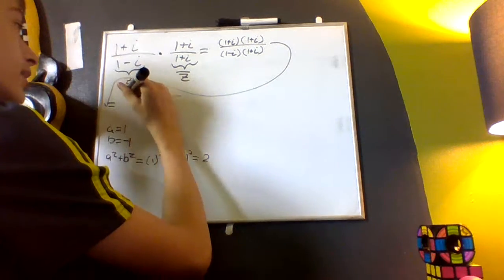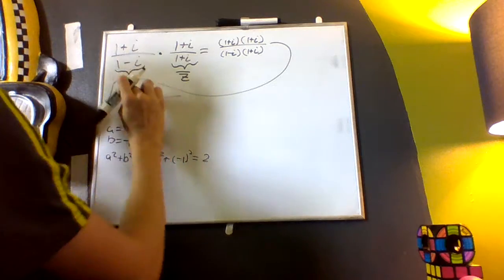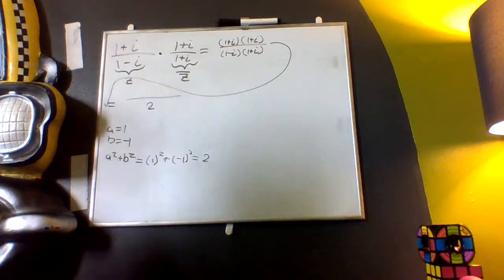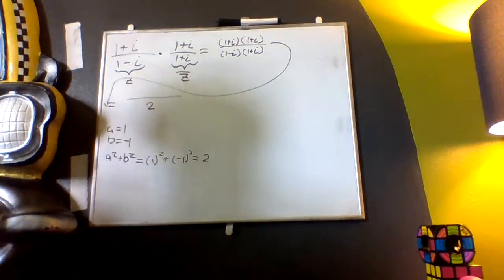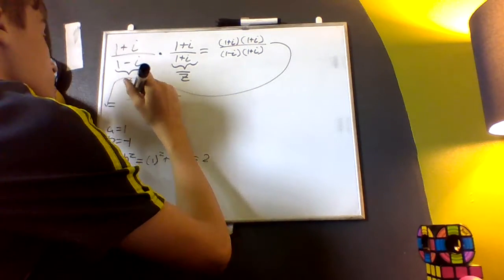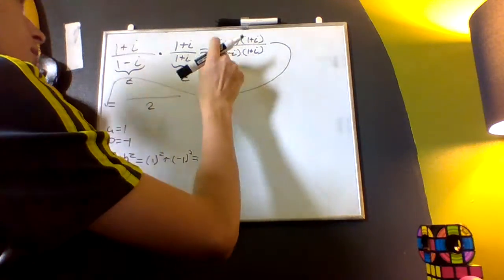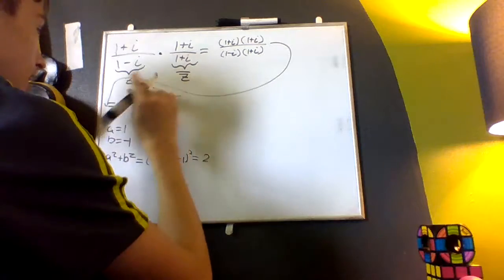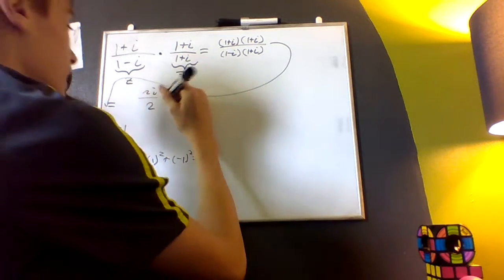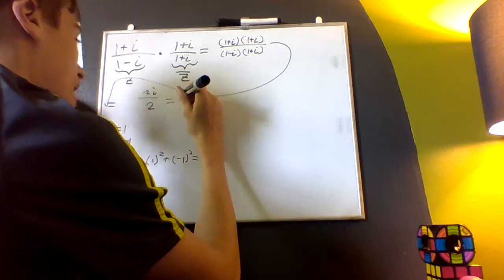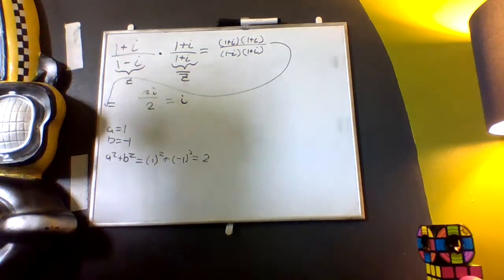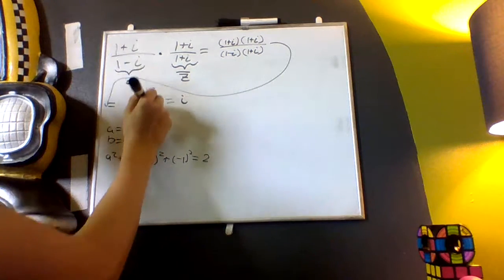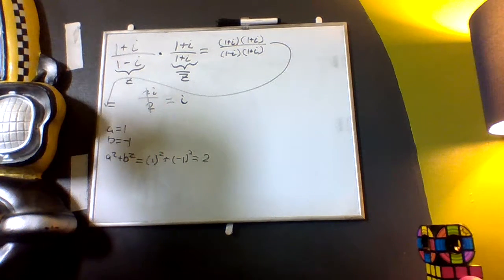Then on top, you're going to get 1 plus i times 1 plus i, which is 2i. This just gives you i, because you can cancel out those 2's.